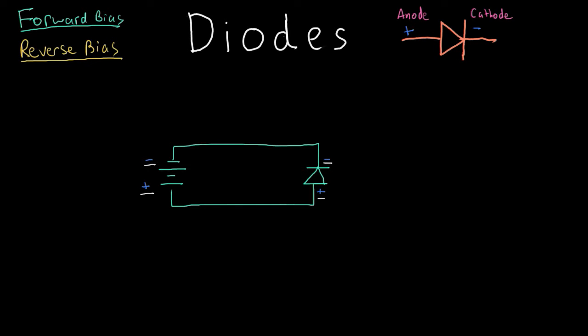Now in this configuration, we're going to allow current to flow. And current conventionally is going to flow in this direction. So if we apply voltage to the battery, current is going to flow through this diode.